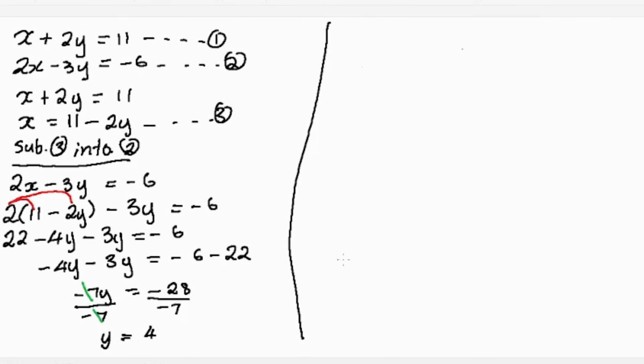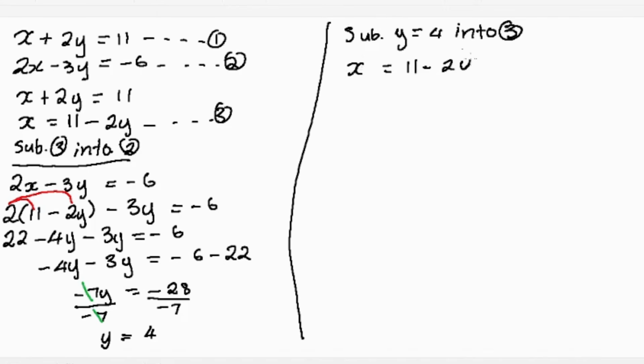Then once you get your x or y, you are just going to substitute. In this case, we are substituting y equals 4 into, it doesn't matter which equation. But I often encourage my students to substitute into equation number 3, because equation number 3 is the simplest equation.